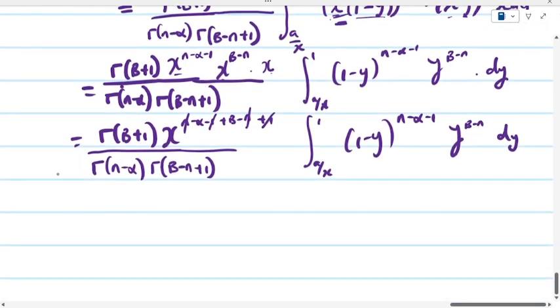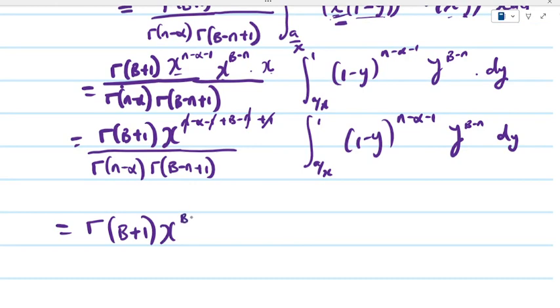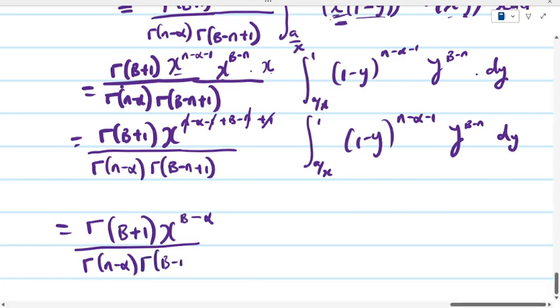So then we'll be left with gamma(b plus 1) x to the power b minus alpha over gamma(n minus alpha) gamma(b minus n plus 1).